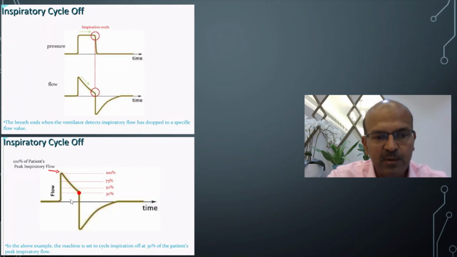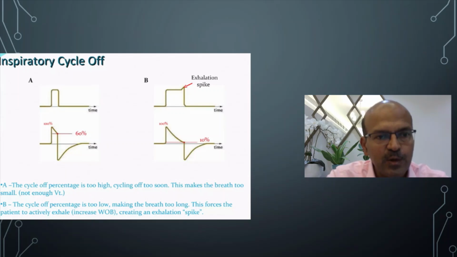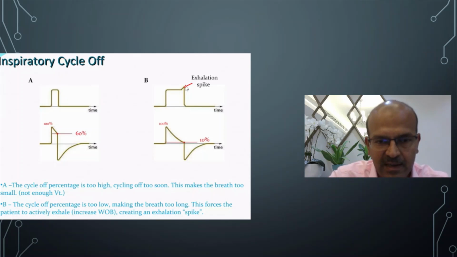So anywhere between 20 to 30% is where we normally aim to keep the drop. If you keep higher than that, the baby may not get adequate inspiration and atelectasis may happen. If you use too long, then the baby may start asynchrony by breathing against the ventilator. So if it is too short, you get inadequate inspiratory time. If it's too long, here you can see the exhalation spike because it's a volume control mode, and this is because you are seeing the baby breathing against, a sign of asynchrony.